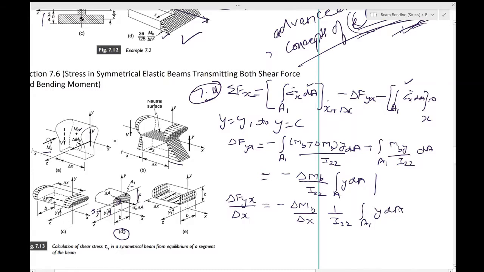Now you take the limit of delta x tending to 0, and then you would be able to write it as d fyx by dx equal to minus dMb by dx by Izz times the integral of y dA.